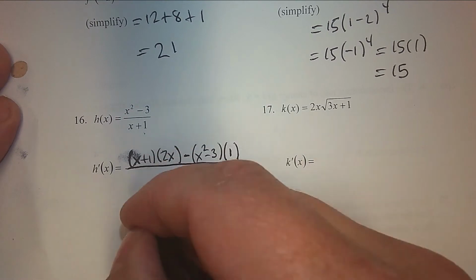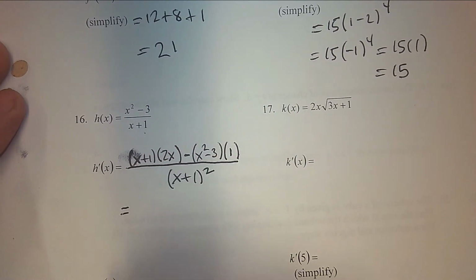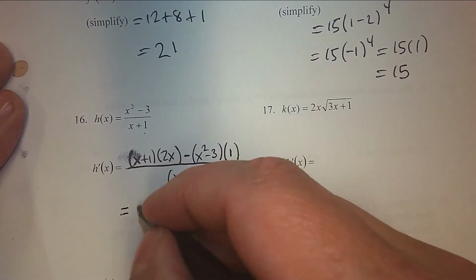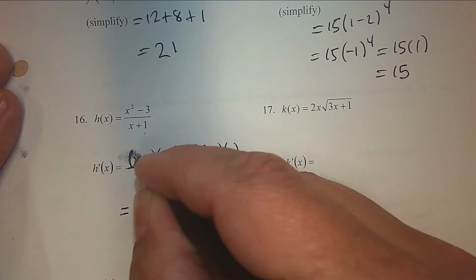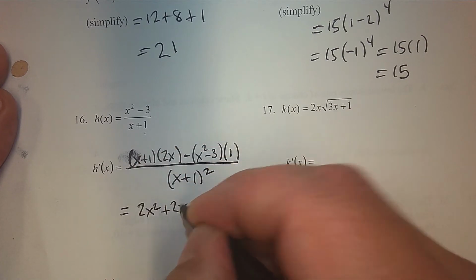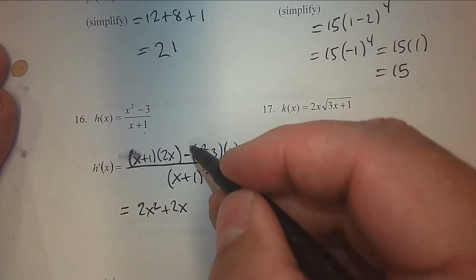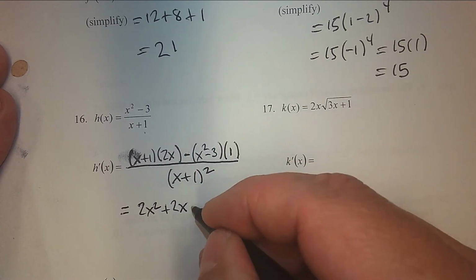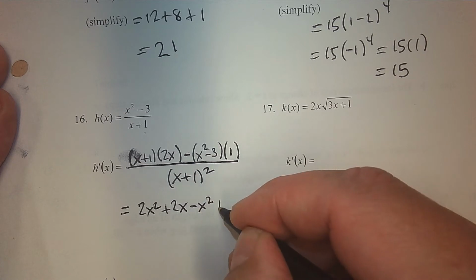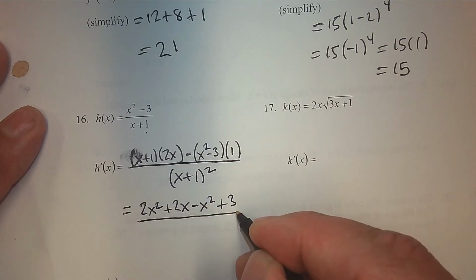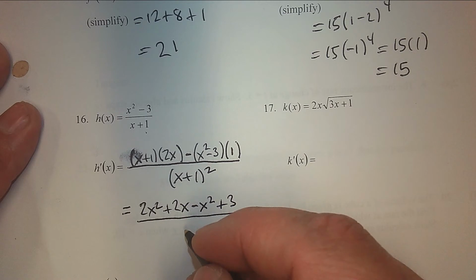That's the pattern of the quotient rule. Now it might be helpful to simplify it and then do the substitution. So I'm going to distribute 2x squared plus 2x. Multiplying times 1 doesn't change it, but that negative belongs to both. So that'll be negative x squared, and a negative times a negative makes it plus 3.